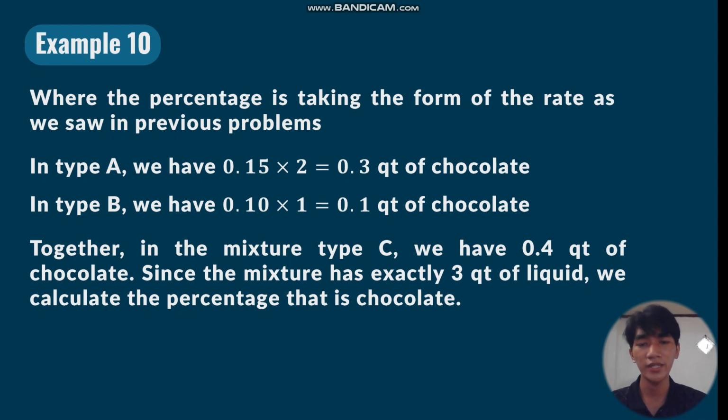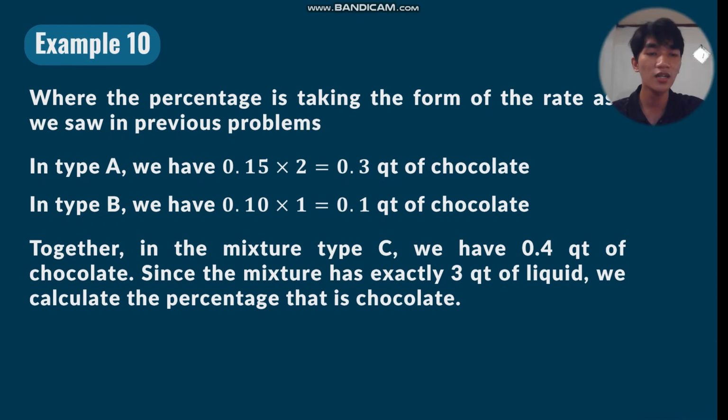And in type B, we have 0.10 times 1 equals 0.1 quarts of chocolate. Together, in the mixture type C, we have 0.4 quarts of chocolate. Since the mixture has exactly 3 quarts of liquid, we calculate the percentage that is chocolate.